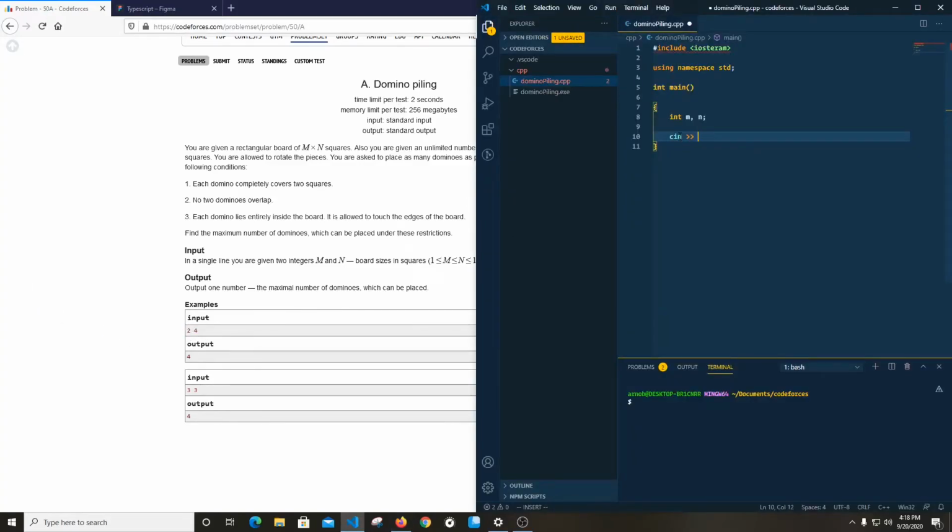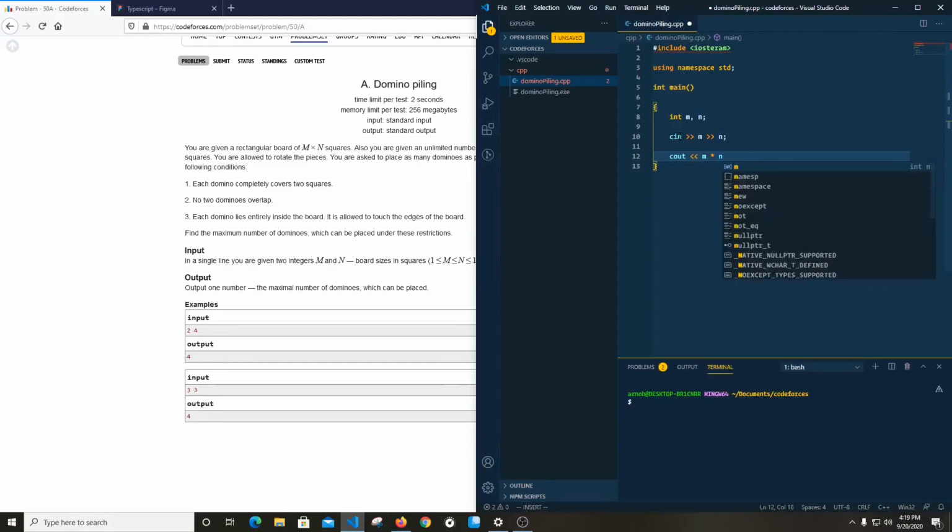So we will save those inputs in our m and n variables, and what we can do is we can output m. So the area of the rectangular board is m times n, and we can divide it by the area of the domino. The area of the domino is 2 times 1, so we can write just 2, and that's it.